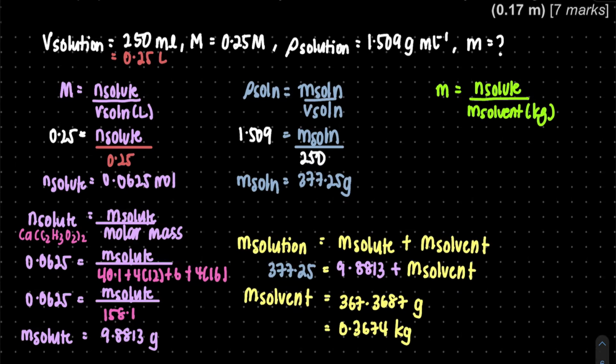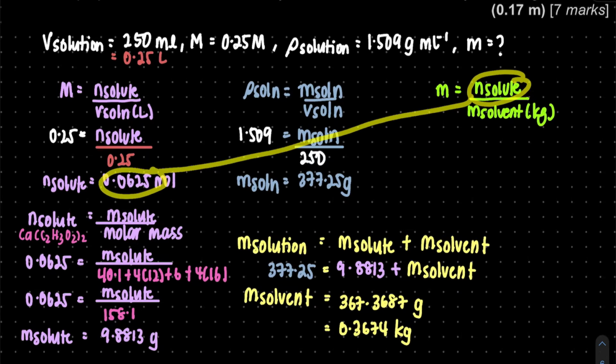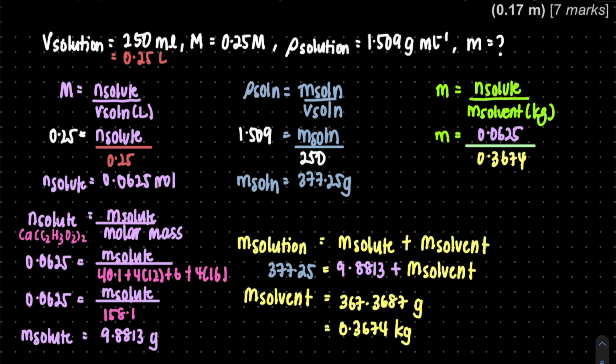Now I can substitute. Mole of solute is 0.0625, and my mass of solvent is 0.3674. Once we have substituted the values, we get the molality for our calcium acetate to be 0.17 molal.